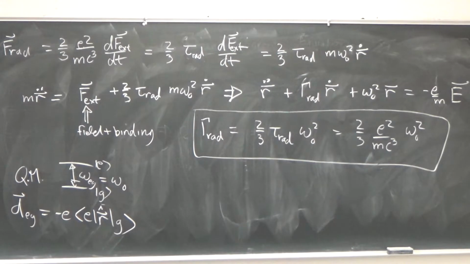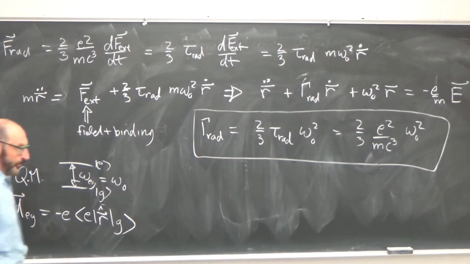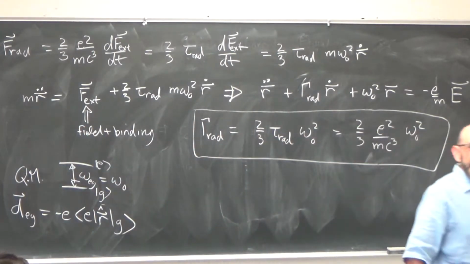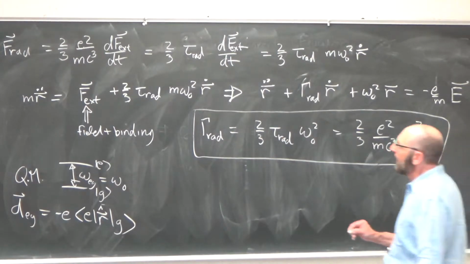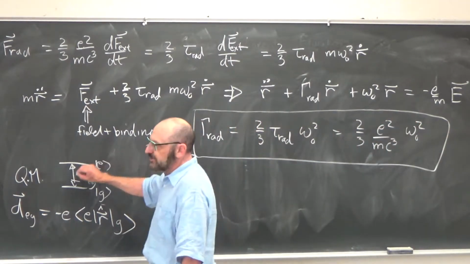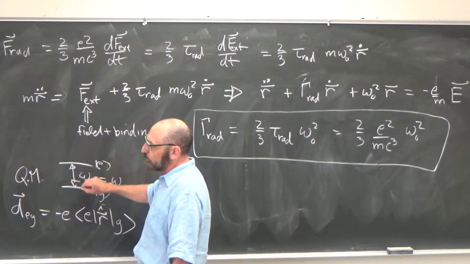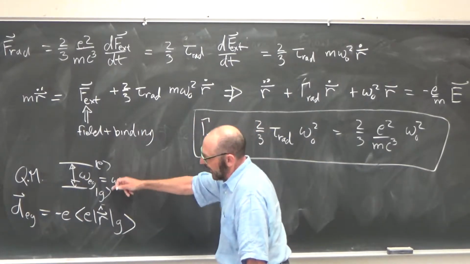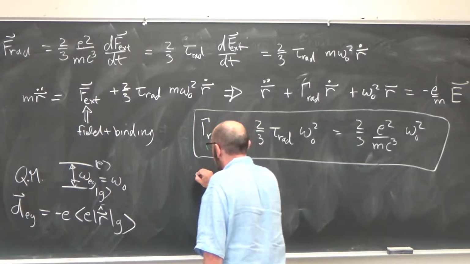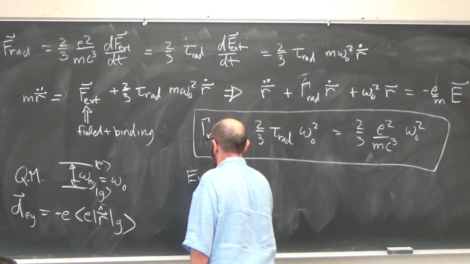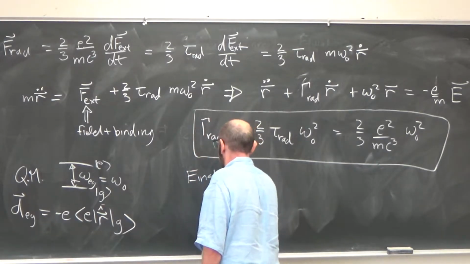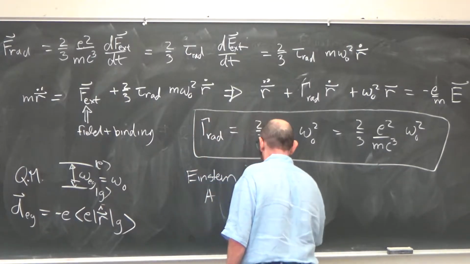So this is my electric dipole matrix element. Then quantum mechanically, the rate at which an oscillator would damp, if I have oscillation between these, is known as the Einstein A coefficient, or the spontaneous emission rate.